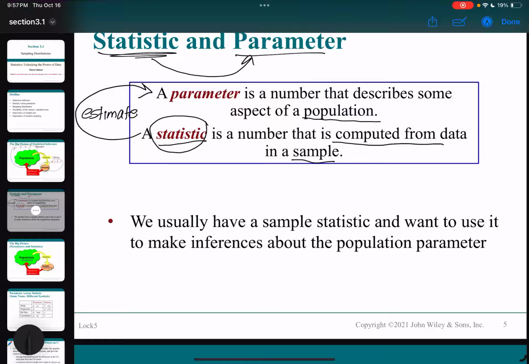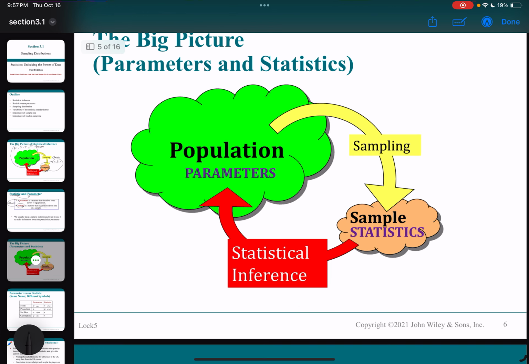With the population parameters and the statistics, I have updated this picture. You can see the statistical inference picture we used earlier, and now you should be able to understand what is going on with this red circle part. From the sample to the population, this is the conclusion. How we make the conclusion is based on these statistics and the parameters.